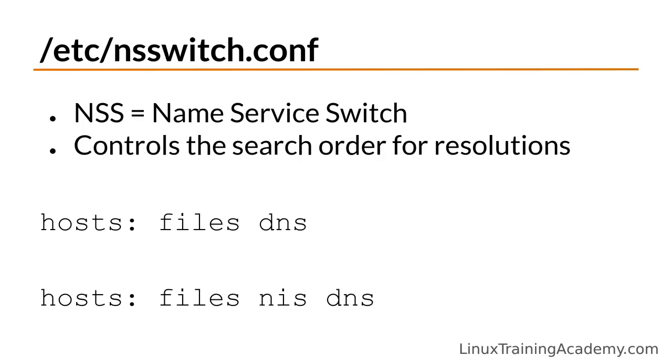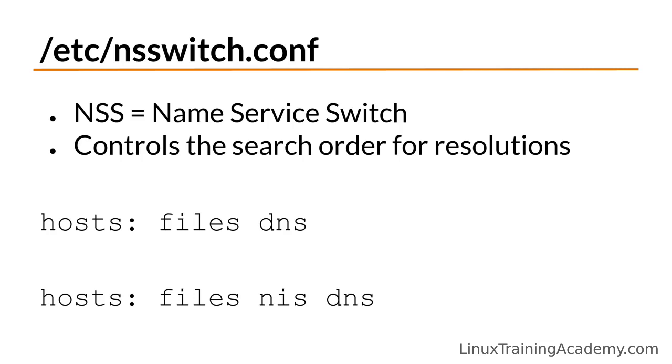NSS stands for Name Service Switch, and it controls the order in which lookups are performed. The hosts line determines the order for name resolution. For example, if you have hosts: files dns in the nsswitch.conf file, the /etc/hosts file will be searched first.